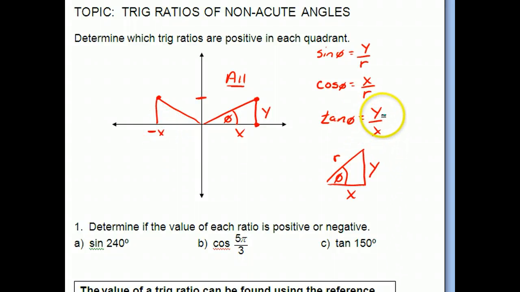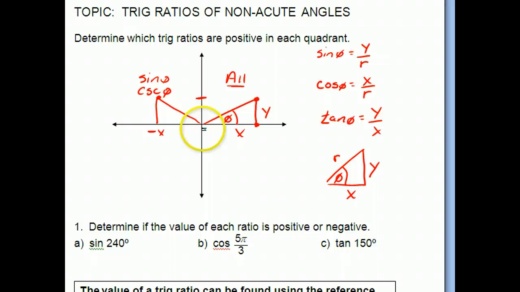Tan would be negative because y would be positive, but x would be negative. But our sine function would still be positive because my y is positive and my radius is always positive. So sine theta and cosecant theta are going to be positive in this quadrant.